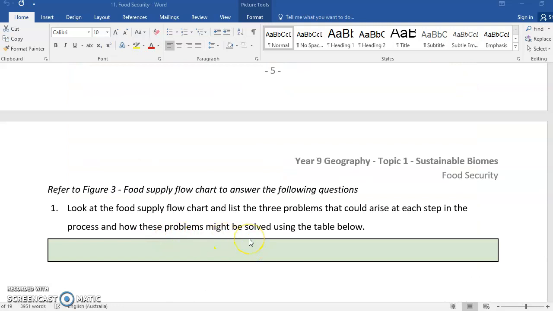How might these problems be solved? When you think about it, if we're experiencing drought, how can we plan for that? An example could be that you have a dam, and you use it to store water, and then you water your crops with that particular water that you've saved throughout the course of a year or a couple of years.